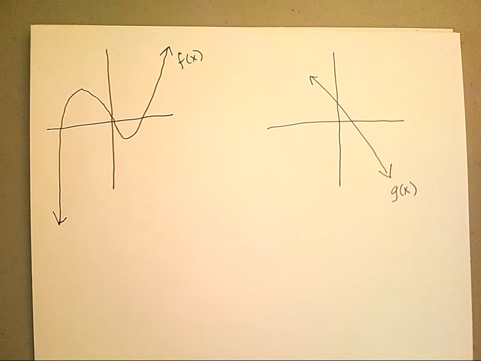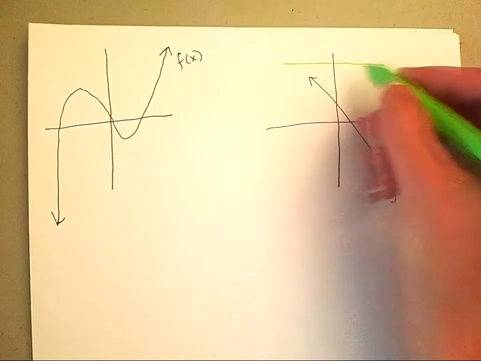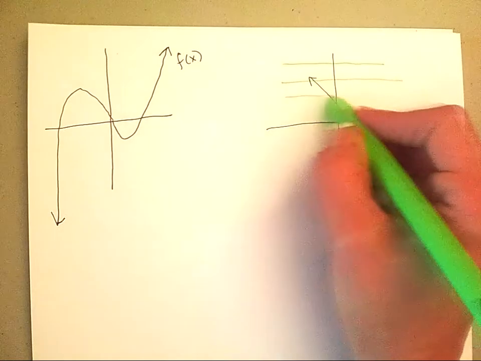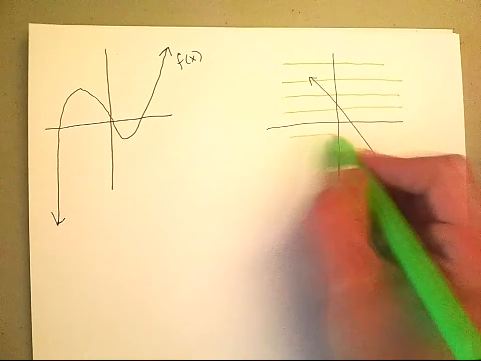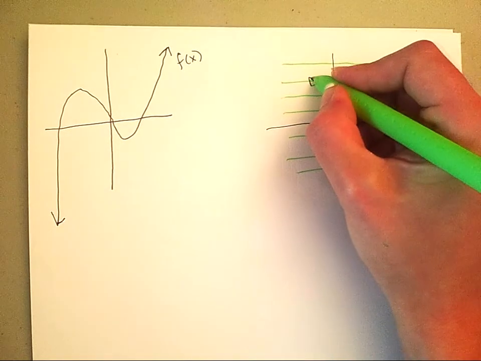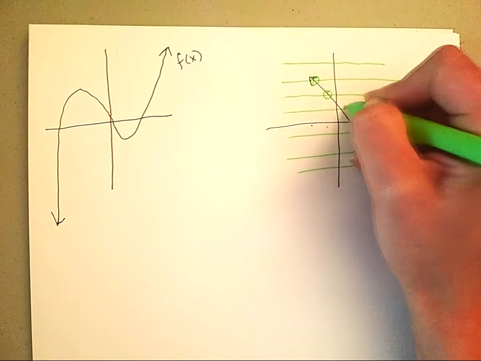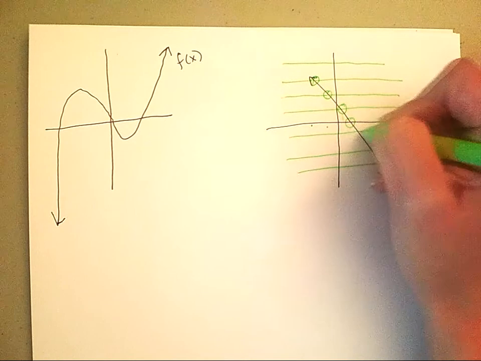Now, when we're looking for this, we want to start with the range. So these values. And I'm asking myself, do I have only one x value that corresponds? In this case, here's the x value, here's the x value, here's the x value.